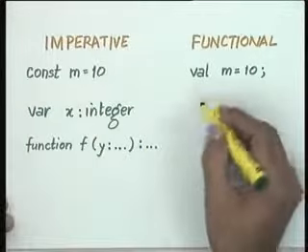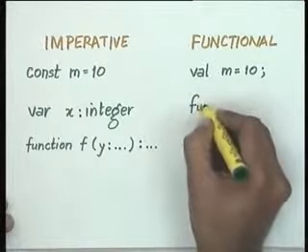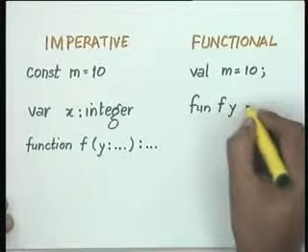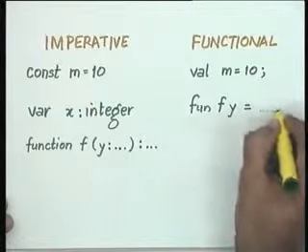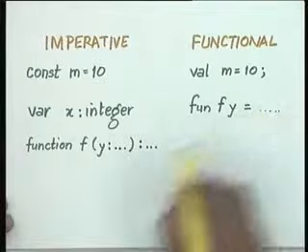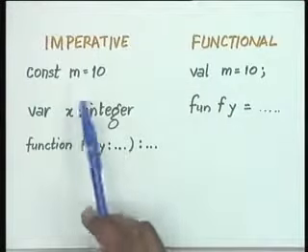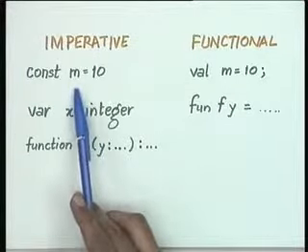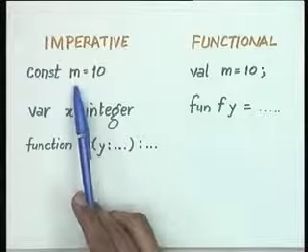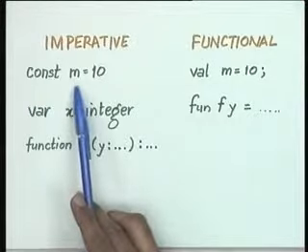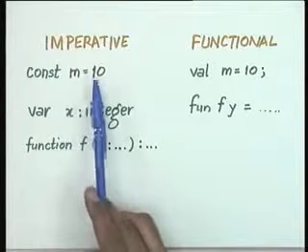Okay, here you have things like this, which is some expression. So in the case of an imperative language, this constant declaration M is a binding occurrence of M, which binds the name M to the value 10.